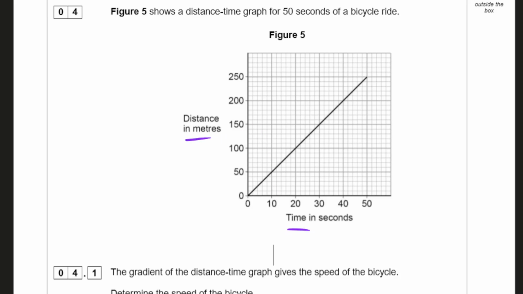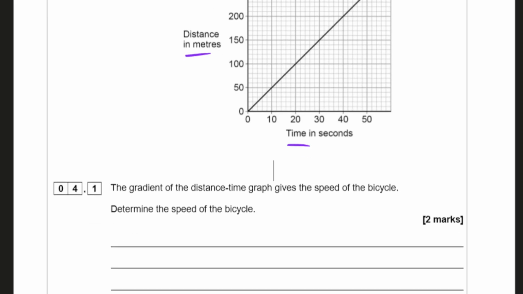The gradient of the distance time graph gives the speed of the bicycle. Determine the speed of the bicycle. Now the gradient in maths, you'll remember gradient is y over x.